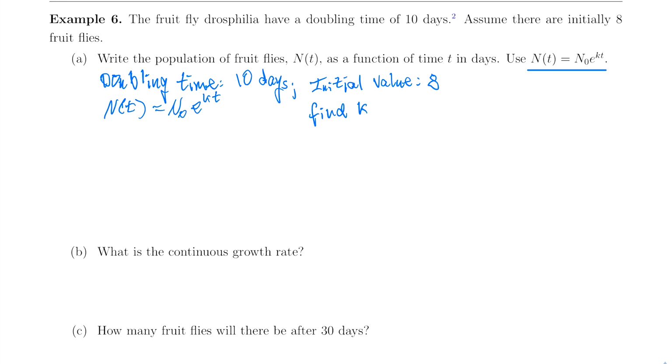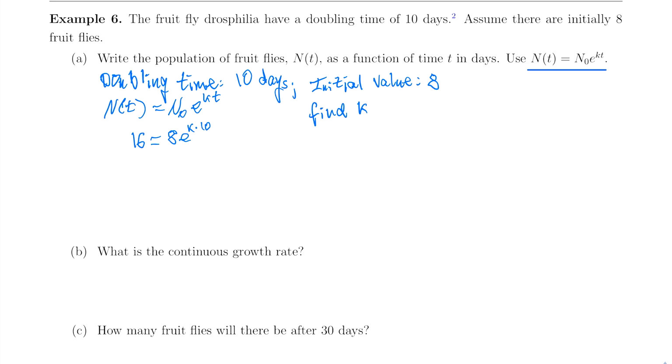So find little k. But everything else we have been given in some way or another. What we said is that our initial value is 8, and we have been given the doubling time. So that means we know when these 8 flies have grown to 16 flies, and we can say 8 e to the k is what we want to find, and we do know that our doubling time is 10.